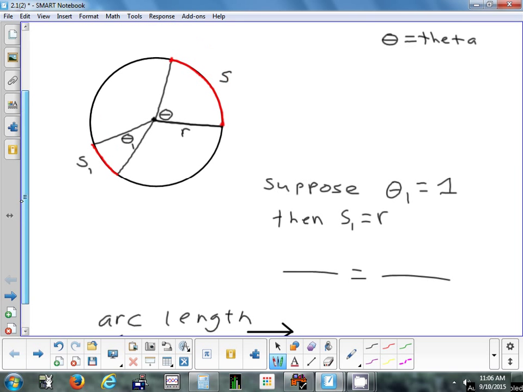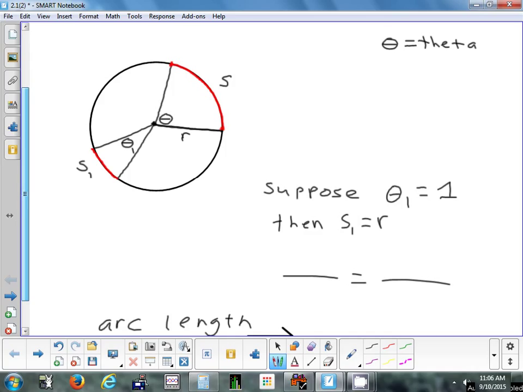Right, so let's set it up. The size of, let's start with this angle. The size of theta 1 compared to the size of S1, and again, I'm going to plug in in a second some things I know, is directly proportional to the size of this angle compared to that arc.